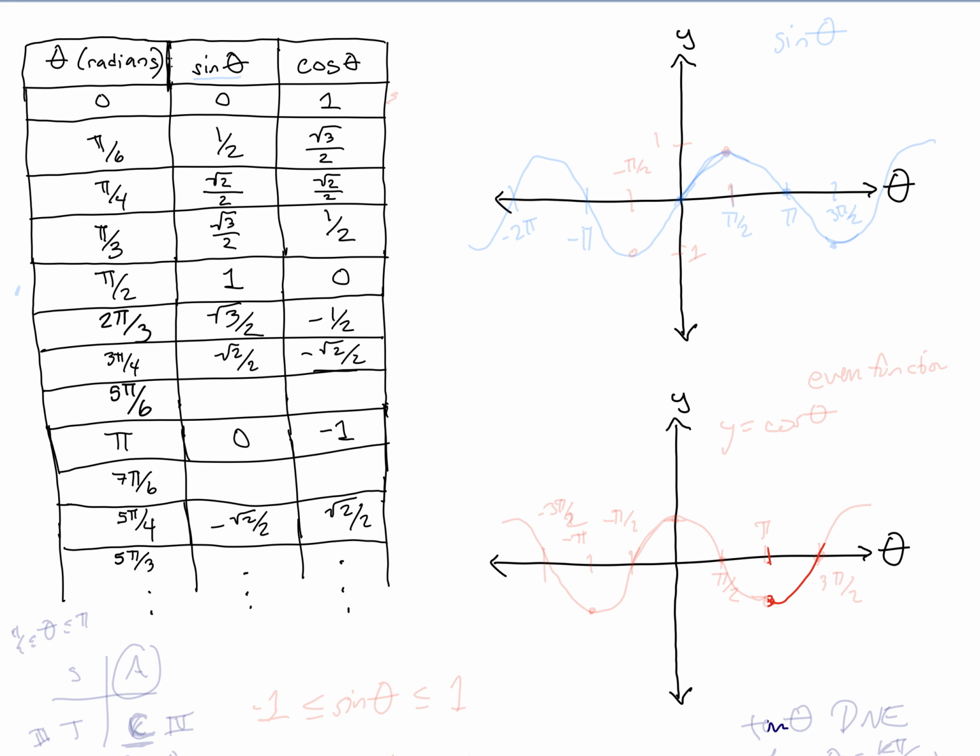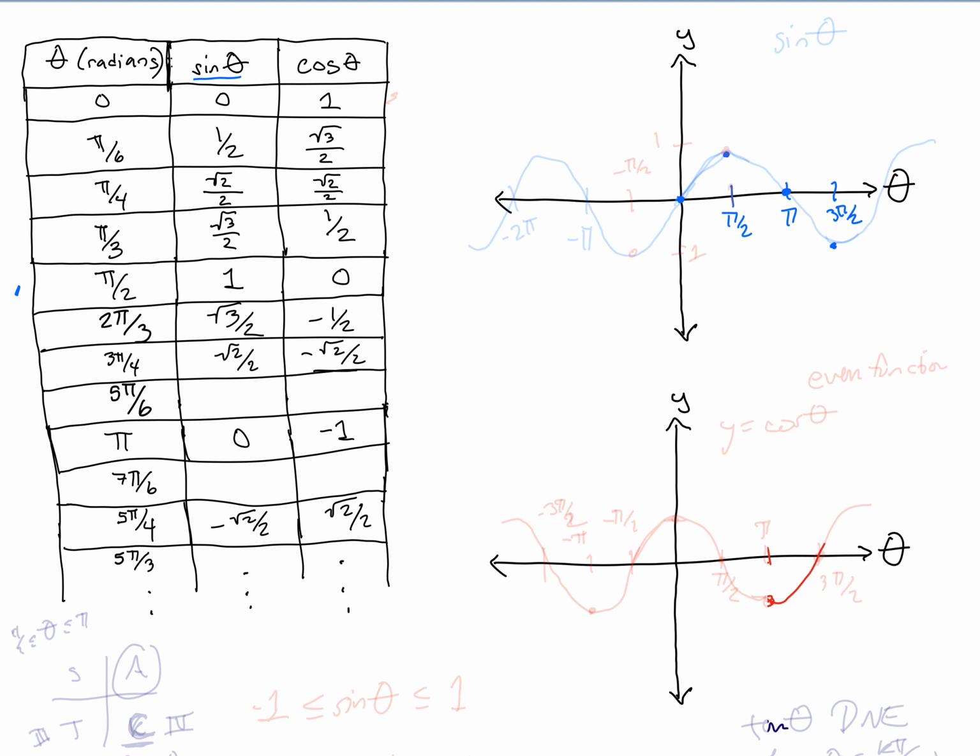So for sine of theta, we know that sine of 0 is 0. Sine of pi over 2 is 1. Sine of pi we found earlier was 0. Sine of 3 pi over 2 is negative 1.